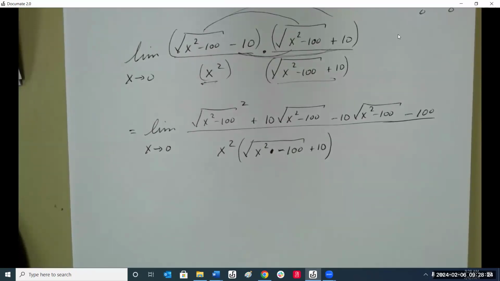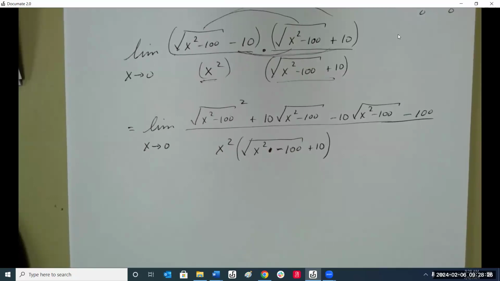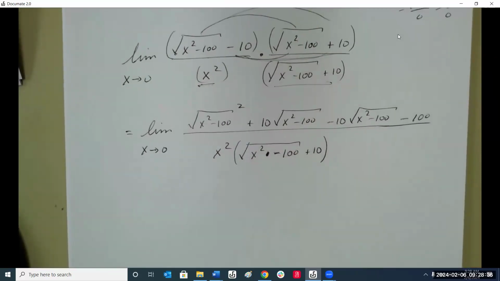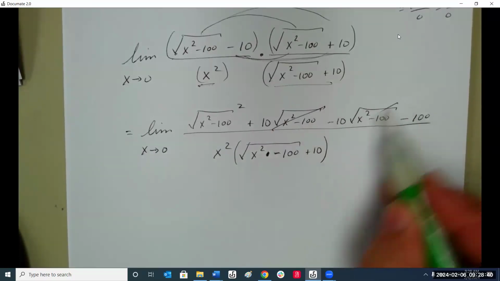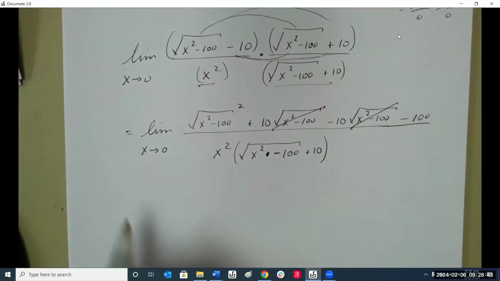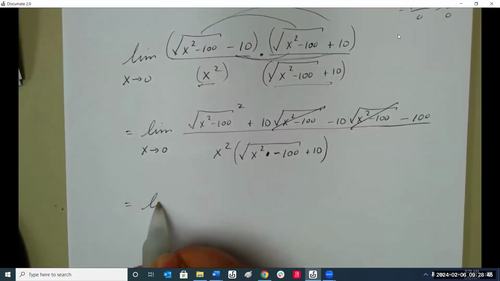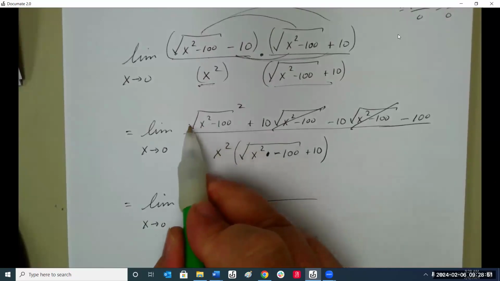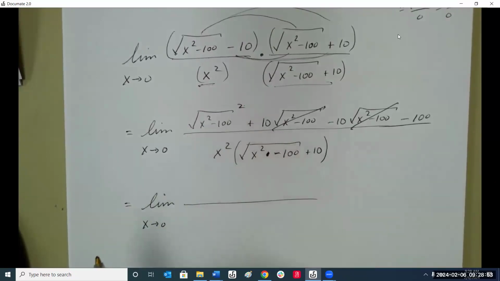I'll let y'all catch up. Whenever you multiply, whenever you get rid of parentheses, the first thing you always want to do is simplify. We got rid of the parentheses on top, so now we got to simplify. Can anything combine? Yeah, that and that cancel. What happens here? The square root squared, what happens there?